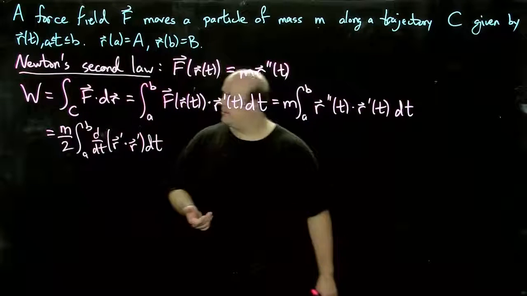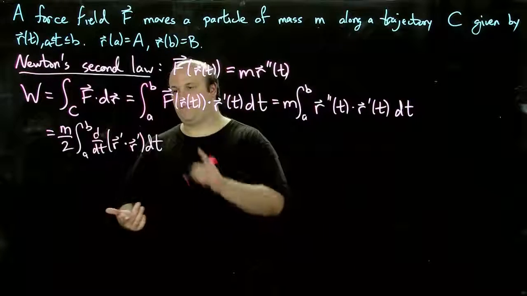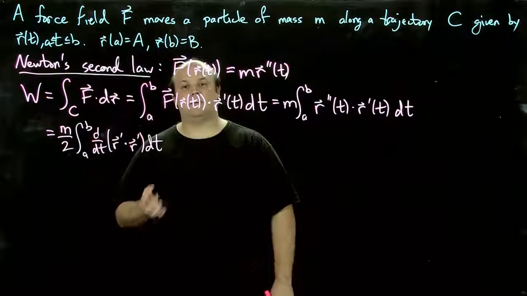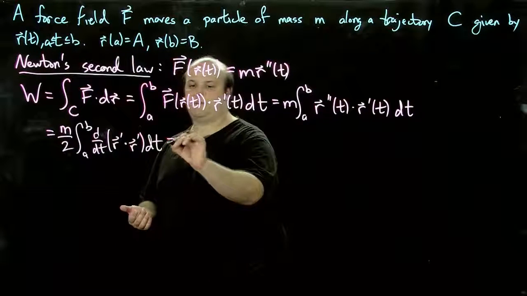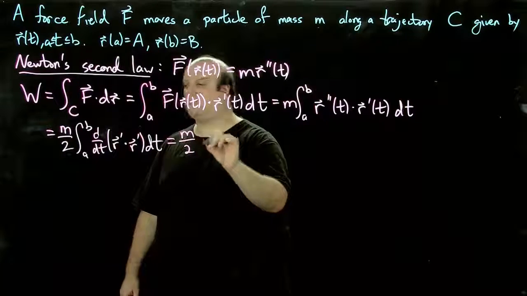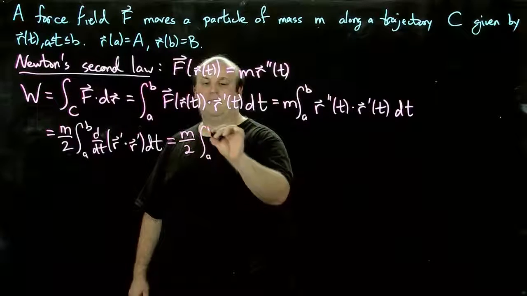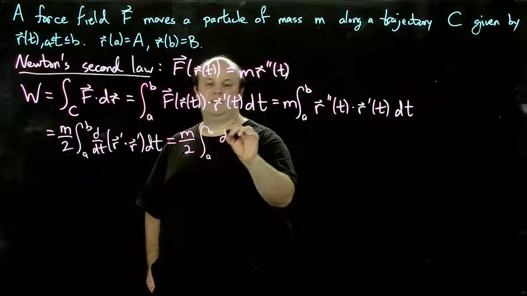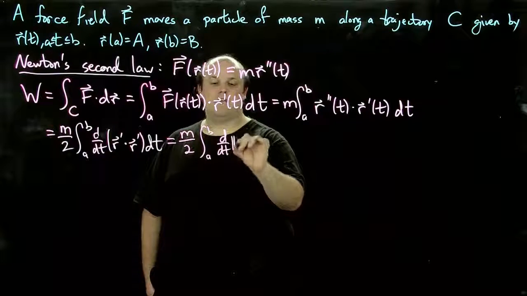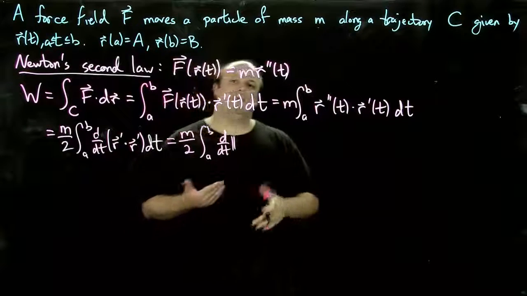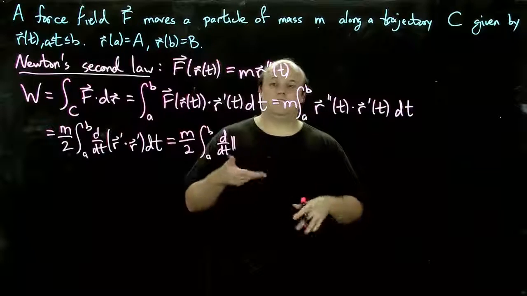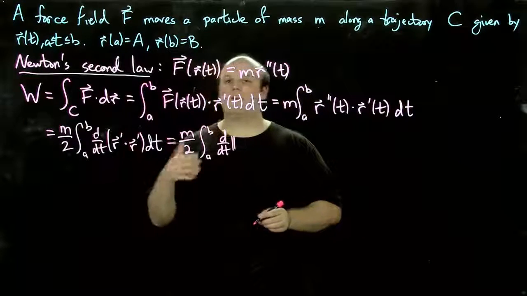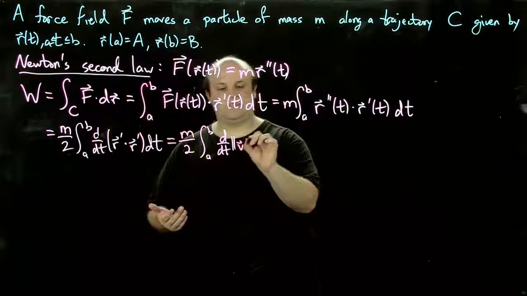Okay. But a vector dotted with itself is just the magnitude squared of that vector. So this is m over 2 times the integral from a to b of d/dt of the magnitude of r prime squared. But since this is a physical problem, r prime is the velocity vector. So we'll just call that v of t.